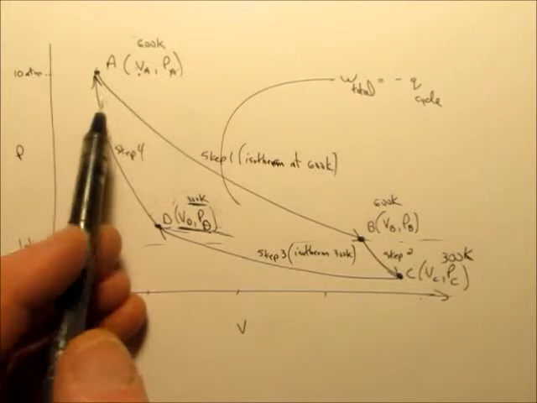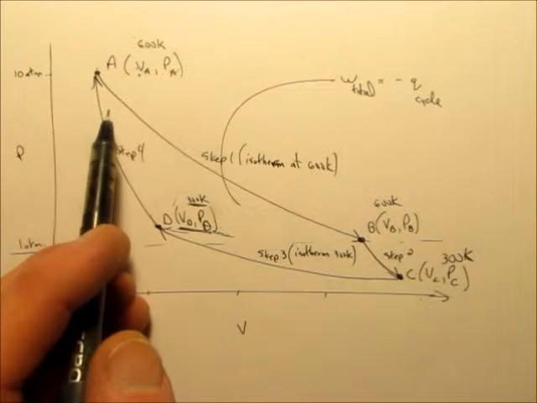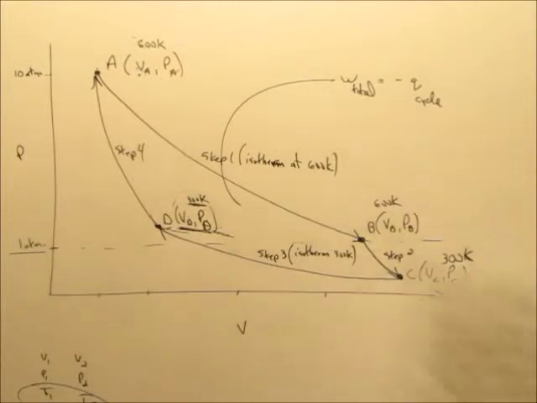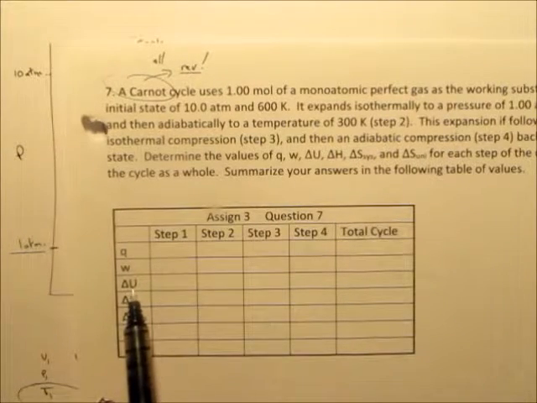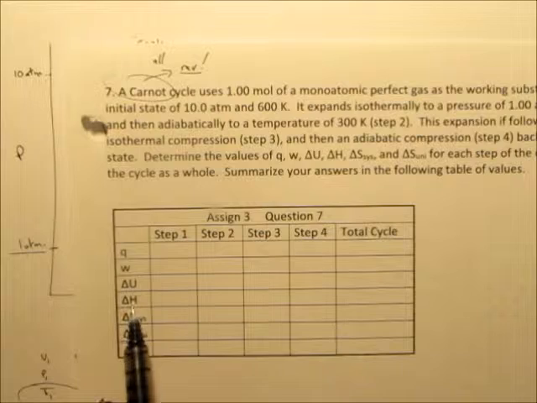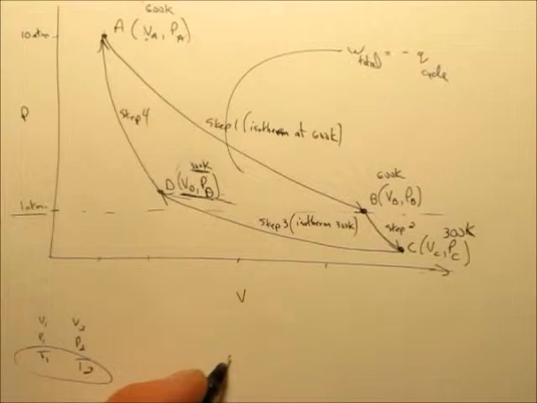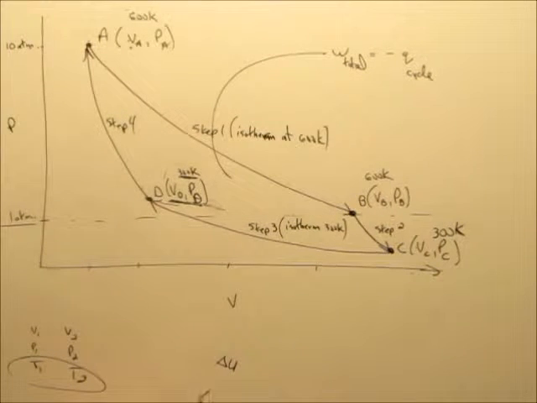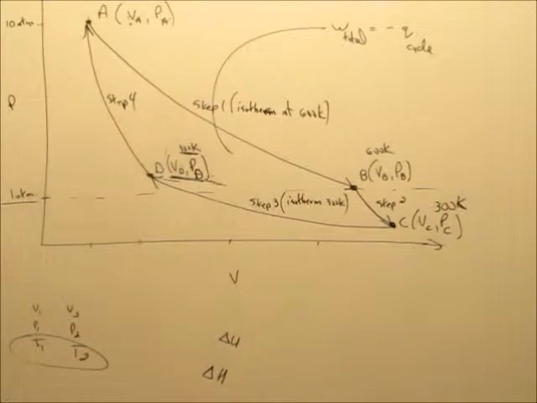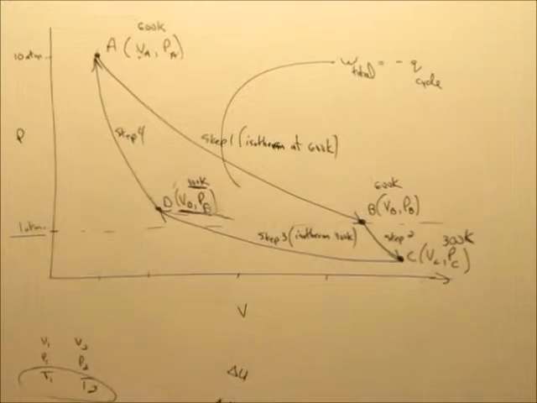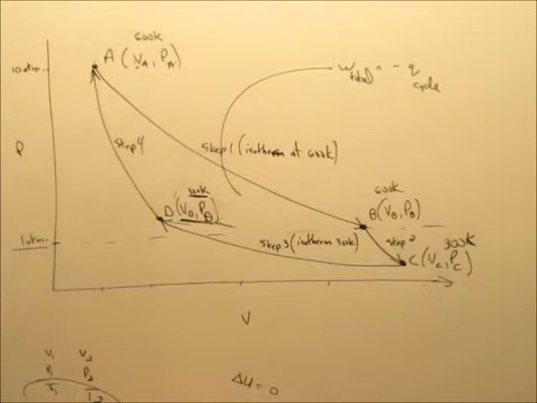The other thing that you know is things like delta U, delta H. Both of these we already know because it's an ideal perfect gas. If the temperature does not change, these are equal to 0 if ideal.